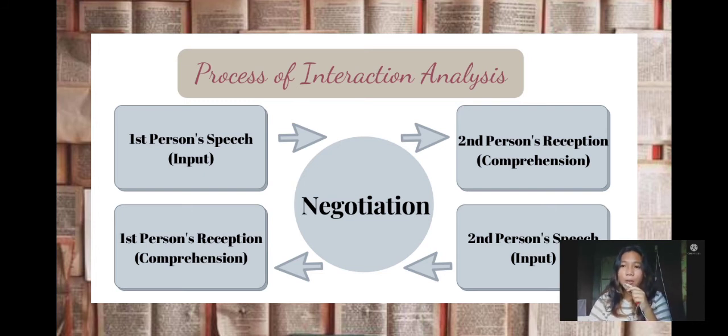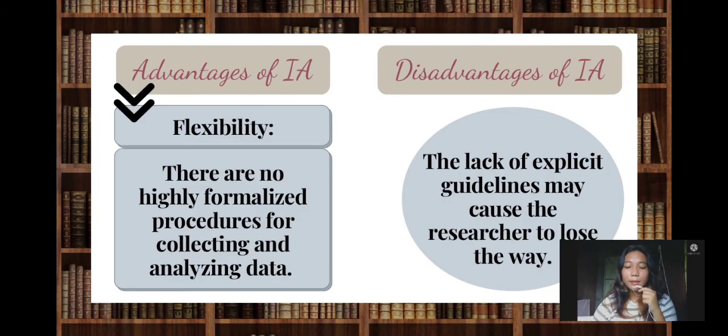Pabalik-balik lang siya. So, mag-uumpisa muna sa first person, mag-i-input siya ng message papunta dun sa pangalawang person, tapos, iintindihin niya yon. Kailangan intindihin niya yun bago siya mag-send ulit ng message papunta naman dun sa first person. So, yan yung process of interaction.